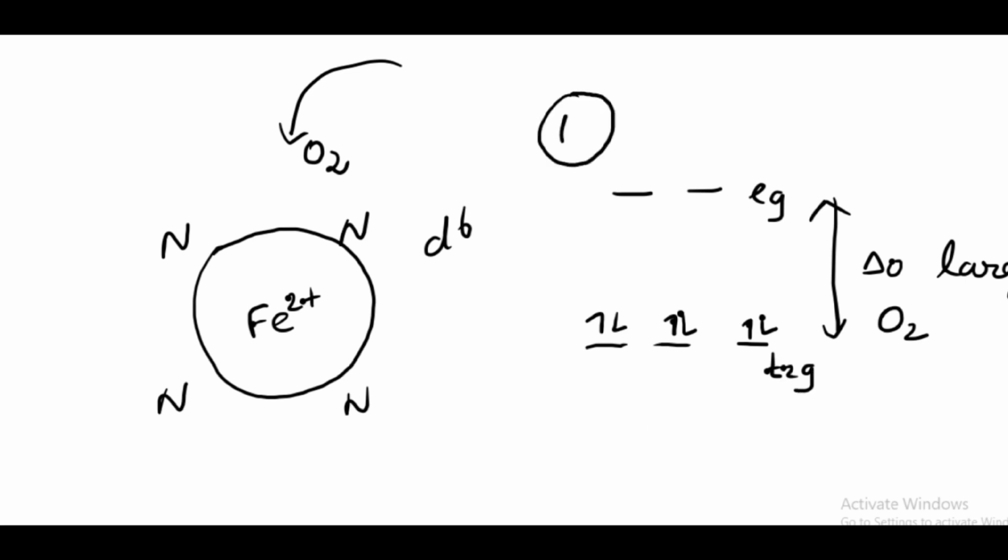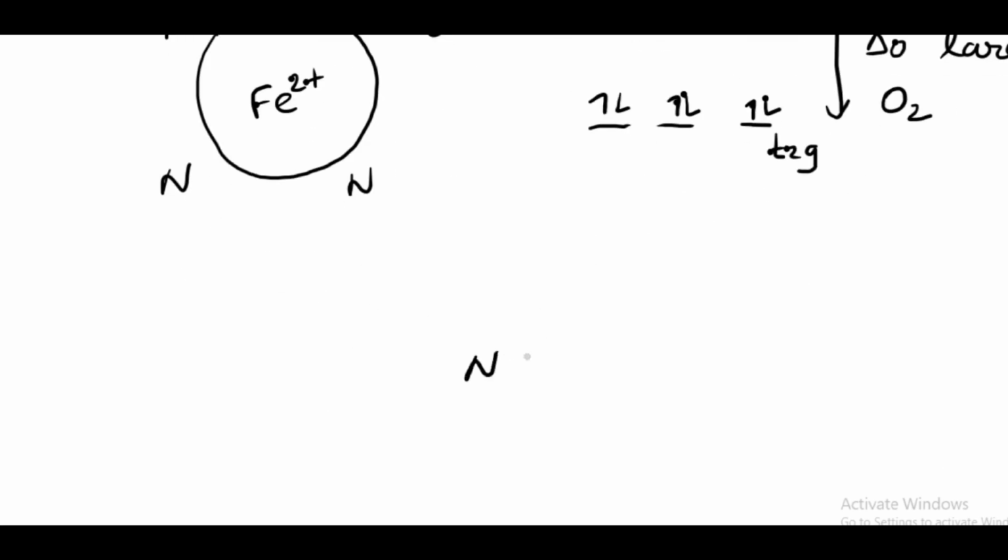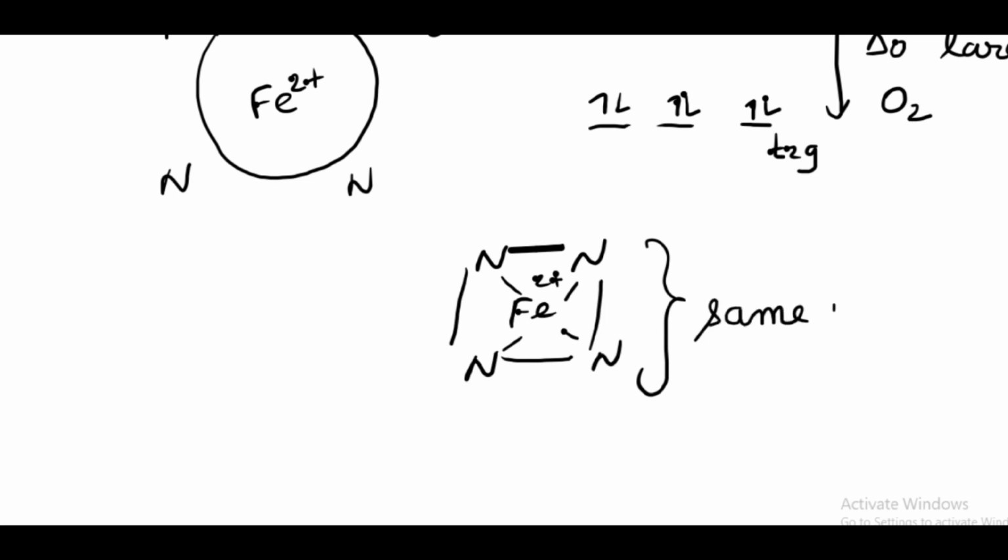That's why the size of the Fe2+ will be reduced. Since the Fe2+ size is reduced, it can easily fit in the hole formed by 4 nitrogen atoms. Therefore, all 4 nitrogen atoms in the heme group, as well as the Fe2+ iron atom, can sit in the same plane.